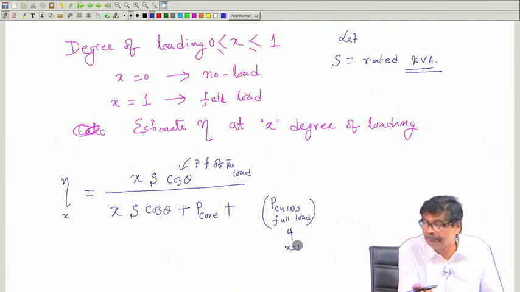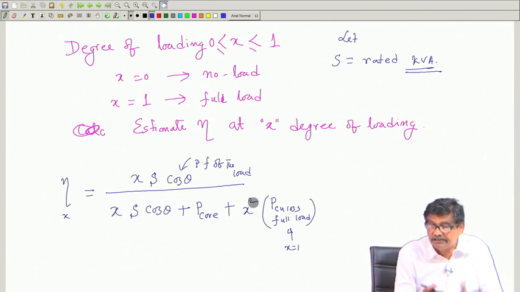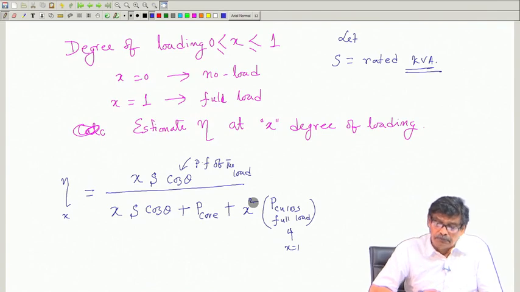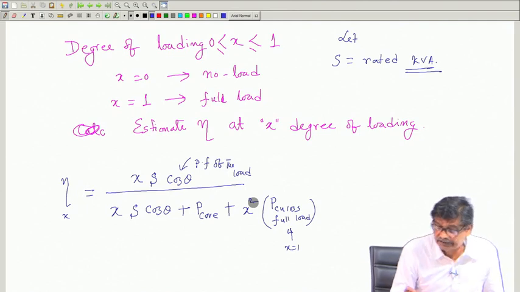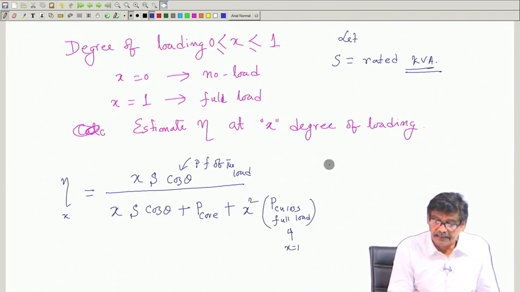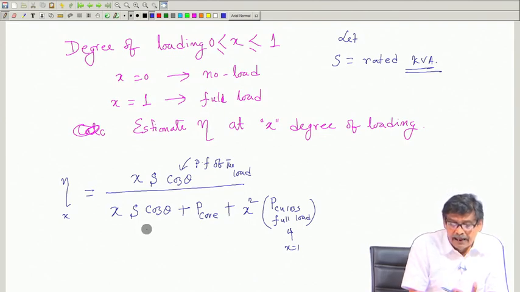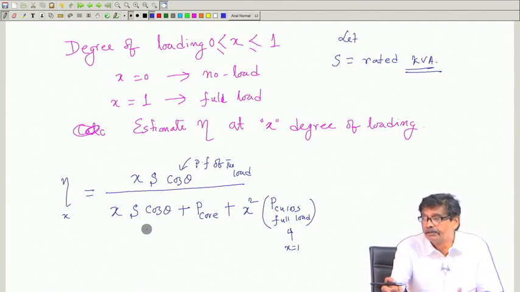So, x is a fraction and it must be multiplied then by x square. This is the expression for the efficiency of a transformer. So, please try to assimilate this expression very clearly. X is the degree of loading, cos theta is the power factor of the load, and the efficiency of the transformer at x degree of loading should be written as eta_x. What is S? Rated kVA of the transformer.